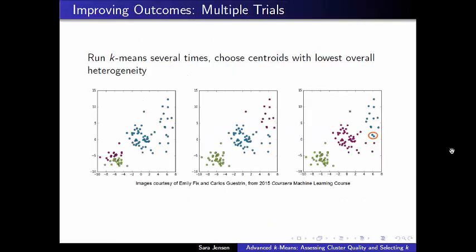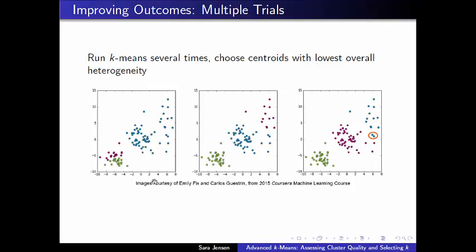Now, just to give you a little bit of a visual with that, I'd like to go back to the examples that we saw before, and see how we take heterogeneity into account in our program. One thing we can do to deal with the fact that k-means might converge to several different clusterings for the same set of data, and how do we know which one is the best one?